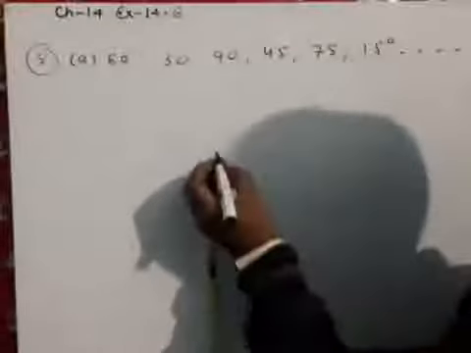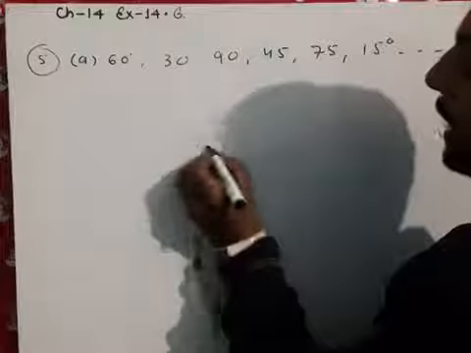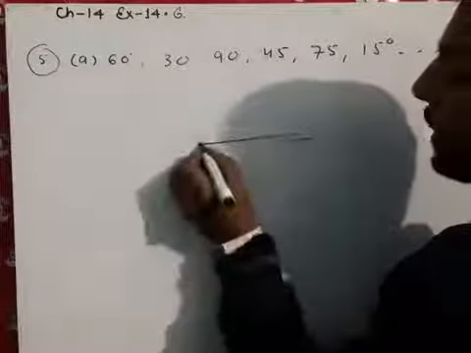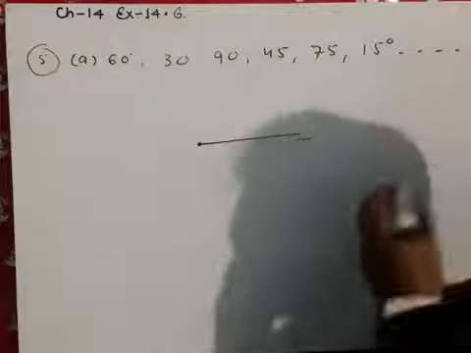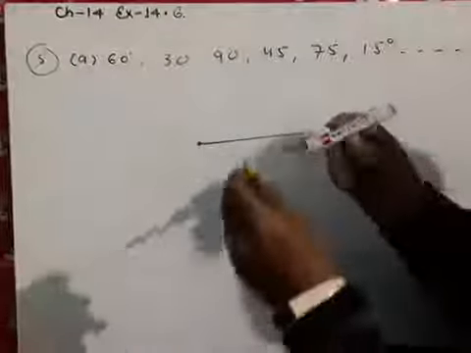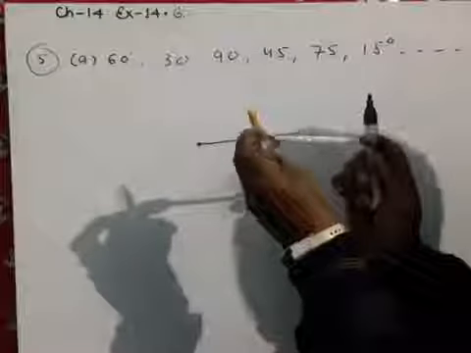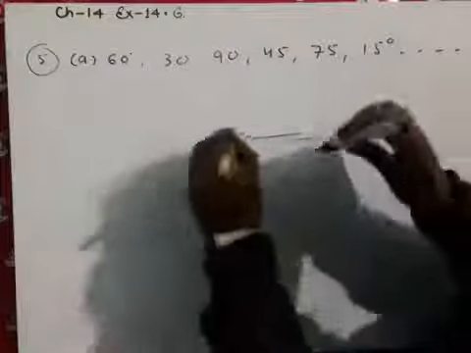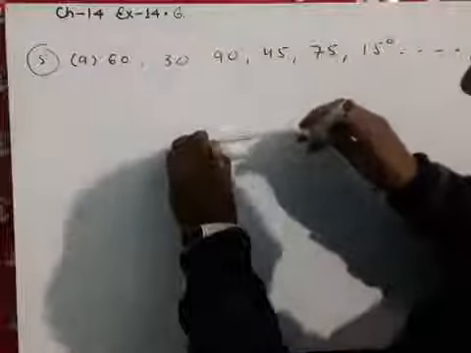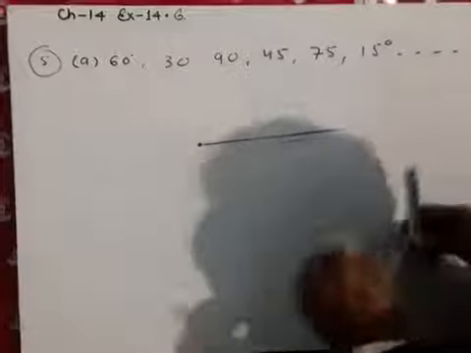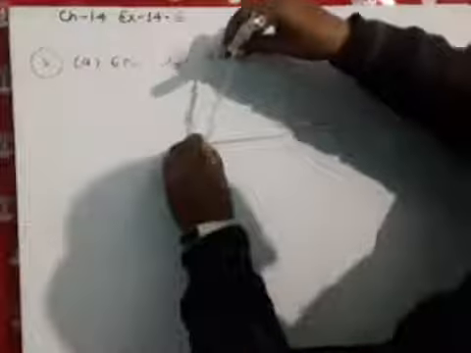First of all, you have to take one line segment of your choice. Suppose this is the compass, these are the 2 points, this is the pencil and this is the pointer of the compass. Put the compass here, and after putting the compass here you have to make one arc.